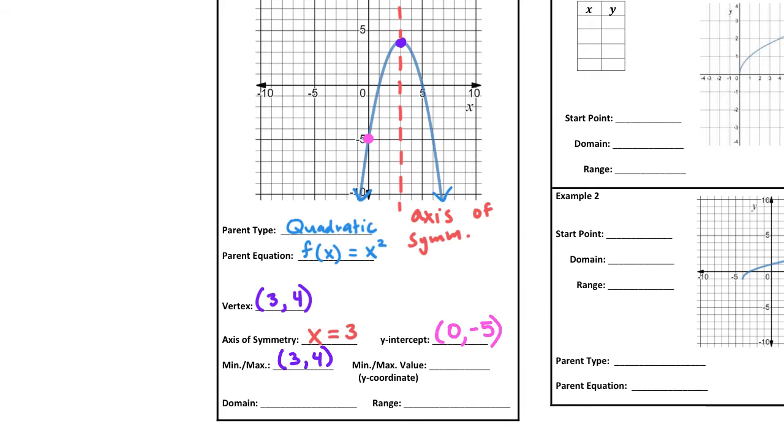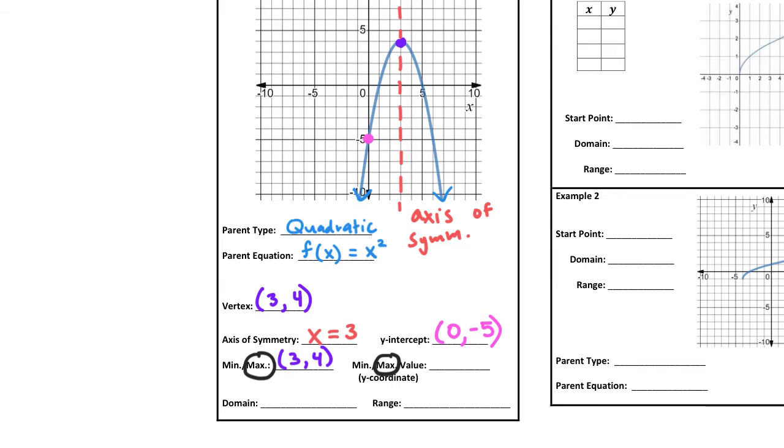The minimum or maximum value. Oh, and then also make sure that you circle, you select, is it a minimum or maximum? It is a maximum. So think of this as like an option, right? We can pick minimum or maximum. We're going to say it's a maximum because it's at a high point. It's the peak of the quadratic function.